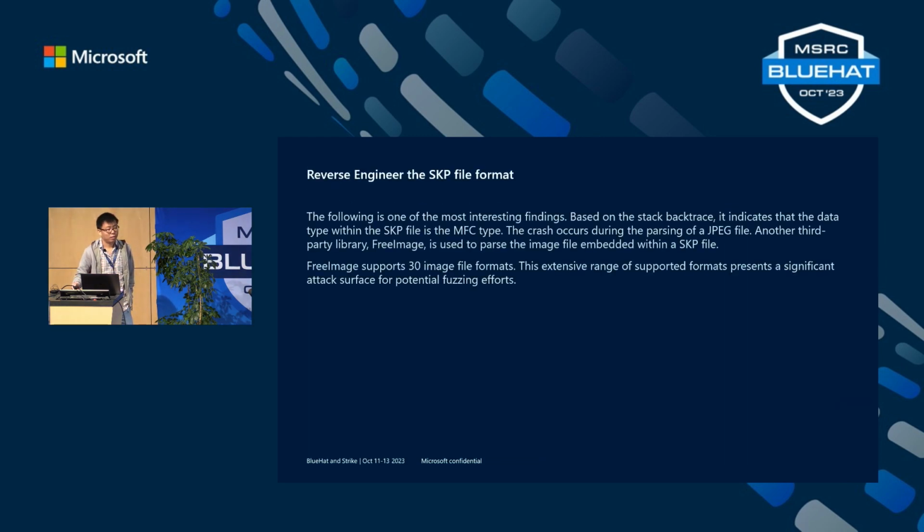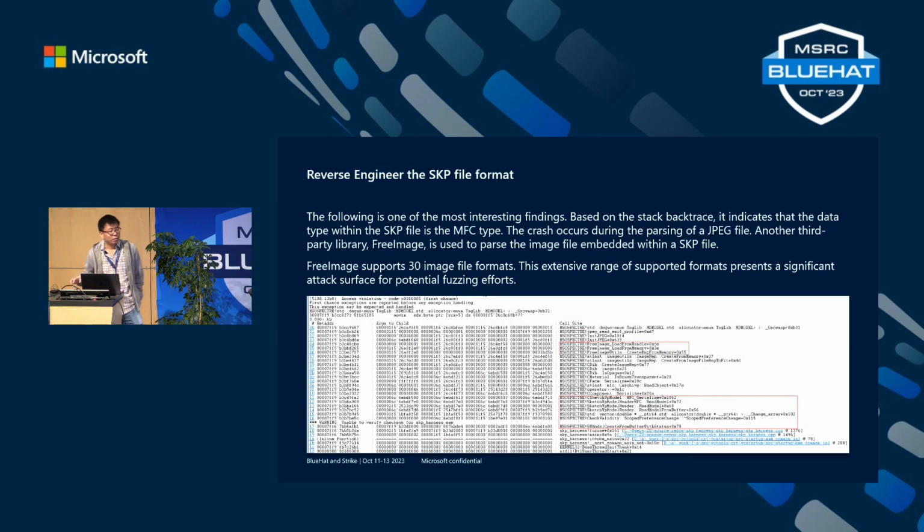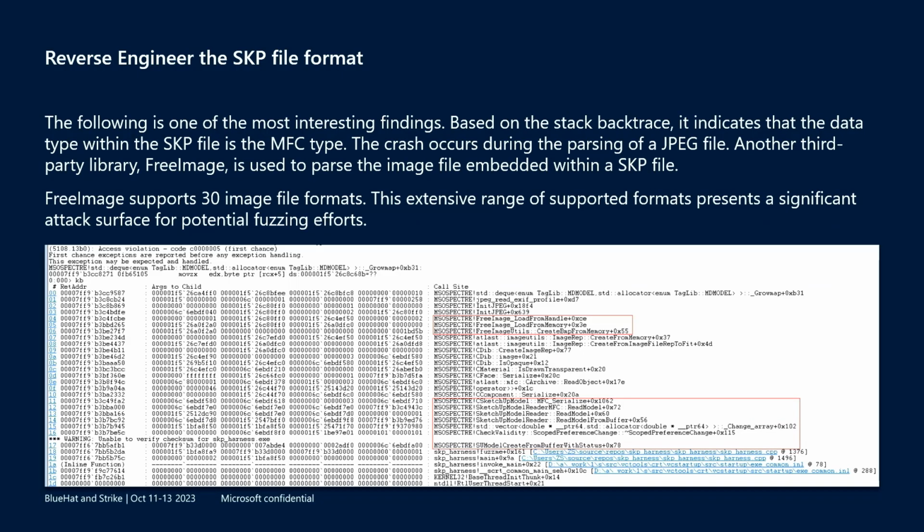Following is one of the most interesting finds. As you can see, based on the stack backtrace, the data within the SketchUp file is the MFC type, and the crash occurred during the parsing of a JPEG file.